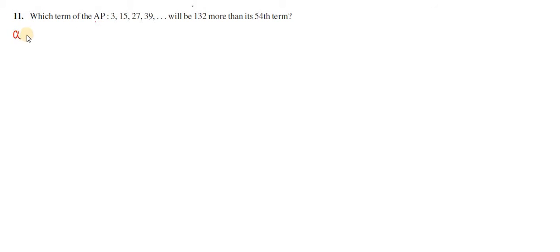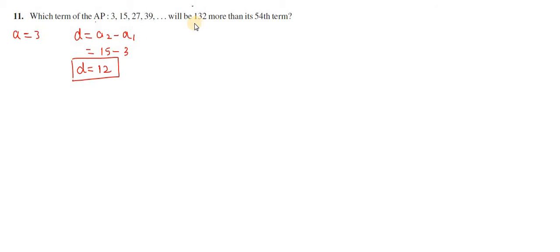They gave a is equal to 3. Then you need to find d, which is equal to a2 minus a1, that is 15 minus 3. So d is equal to 12. So here d is equal to 12 and a is equal to 3.